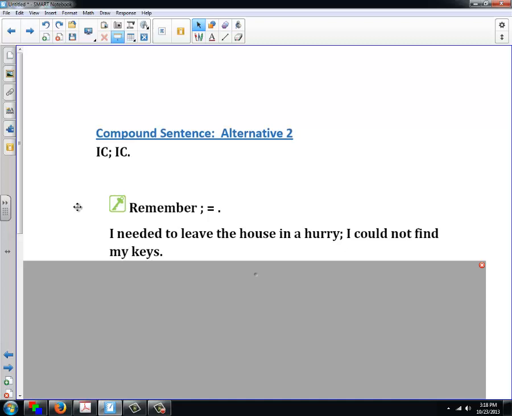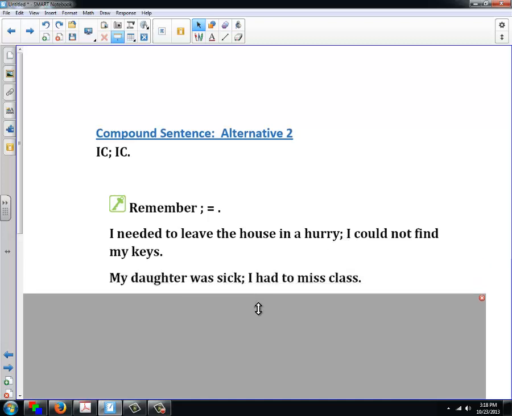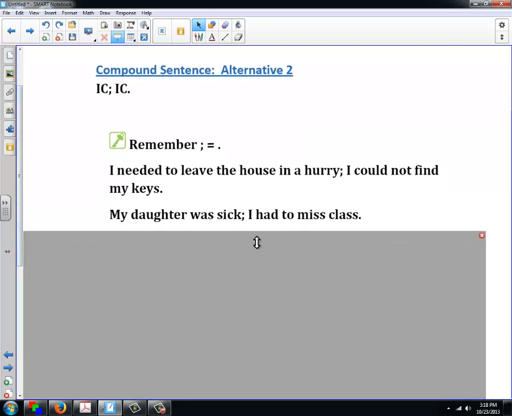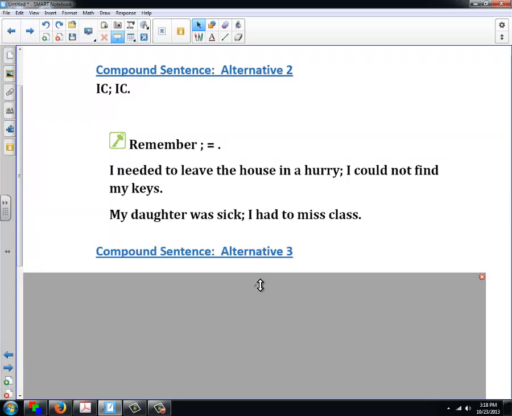I needed to leave the house in a hurry, semicolon, I could not find my keys. Please note that that semicolon is located at the exact place where the two independent clauses collide. My daughter was sick; I had to miss class. Again, equally important ideas, short clauses.